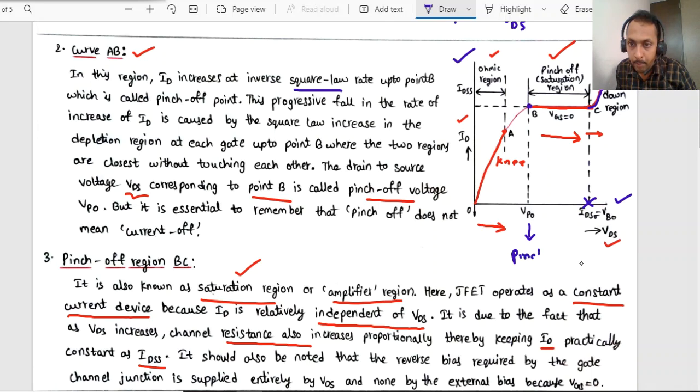Very important. Pinch off voltage VP naught, right? But this is not the cutoff voltage. Please remember, this is the pinch off voltage, not the cutoff voltage.